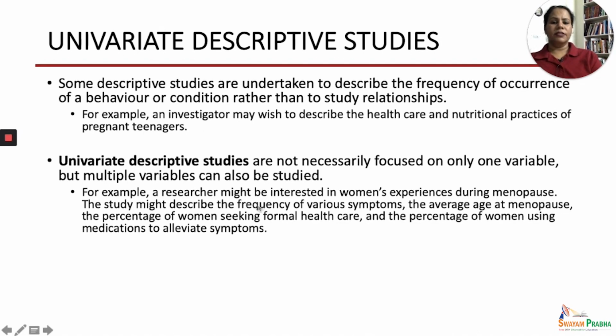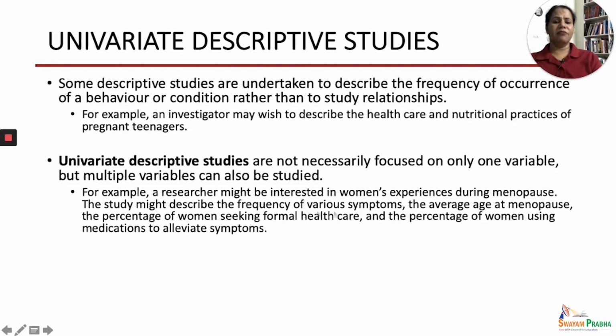For example, a researcher might be interested in women's experiences during menopause, and here the study might describe the frequency of various symptoms, so what the various symptoms during menopause are, the average age at menopause, the percentage of women seeking formal health care, and the percentage of women using medication to alleviate symptoms. So here you can see that the researcher is not studying only one variable, but a number of variables which are related to menopause.